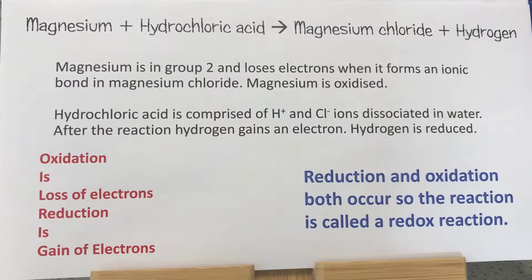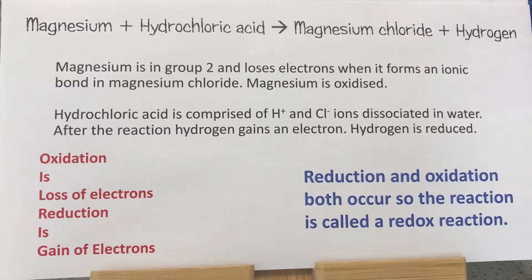Let's look at this reaction in a bit more detail. We've got the magnesium reacting with the hydrochloric acid to make magnesium chloride and hydrogen. The magnesium started off on its own as a pure metal element. It's in group 2, so when it becomes the ionic compound magnesium chloride, it's lost 2 of those electrons, because it's in group 2.